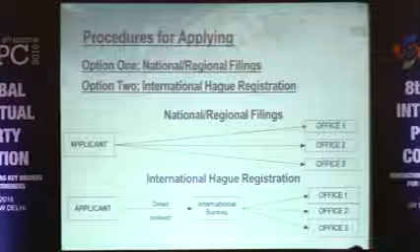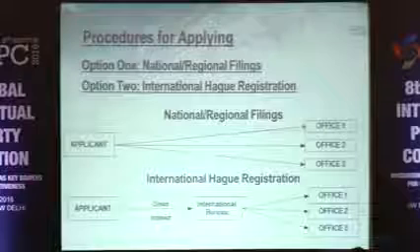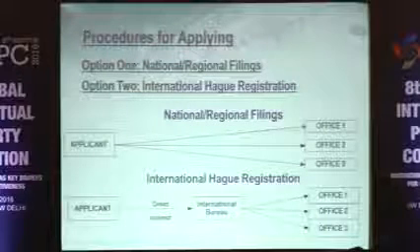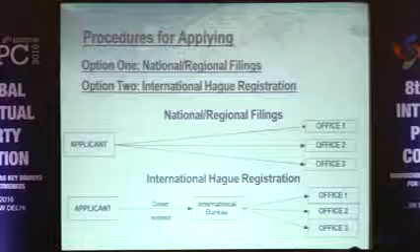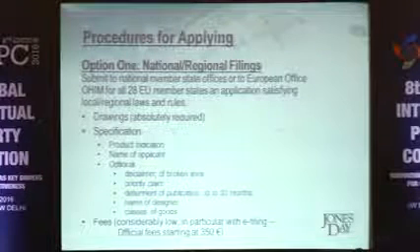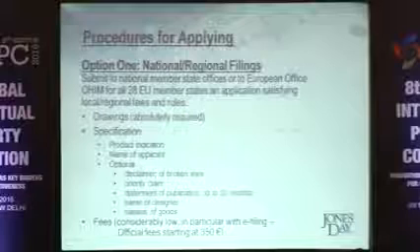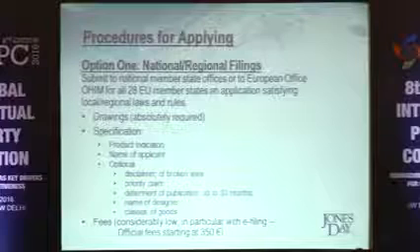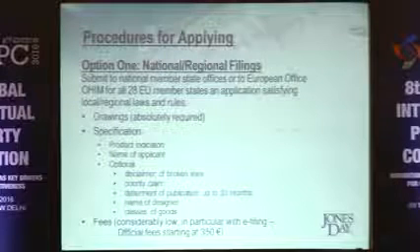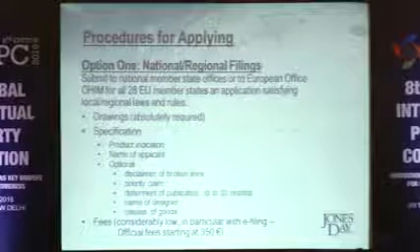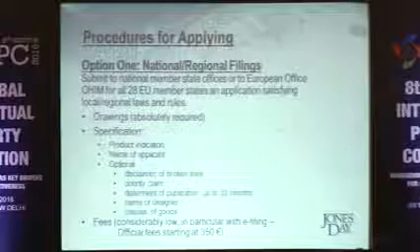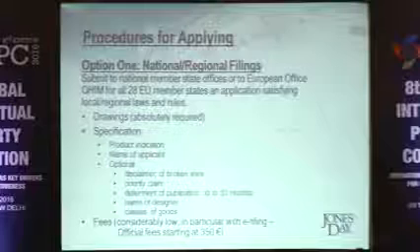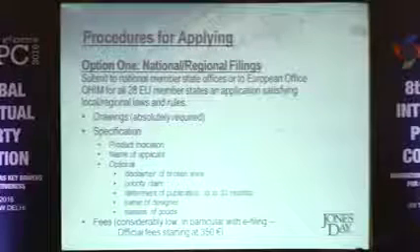When it comes to how to get a design patent, we have the national rules, as you are well aware of, and of course we have the international Hague registration. The national routes are possible to go forward like national patent applications or European patent application by depositing your request at a national patent office or the Office of Harmonization of the Internal Market, covering the 28 member states of the European Union.